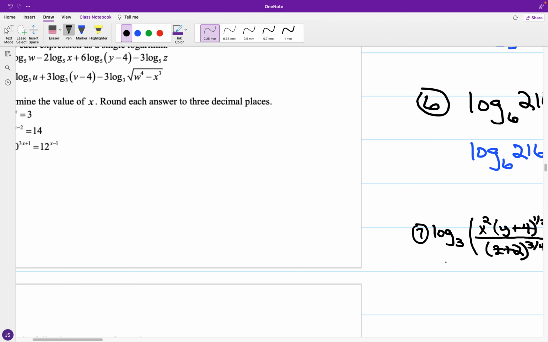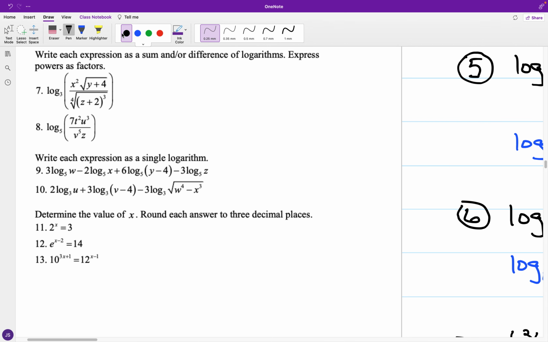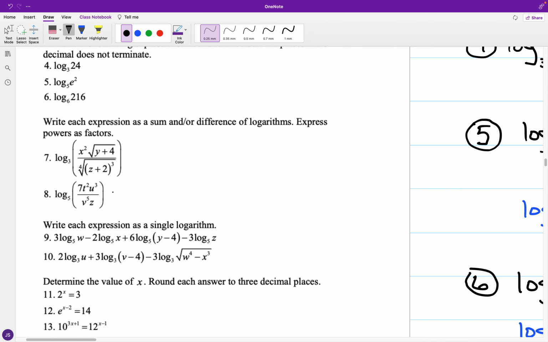And just for the other one we have in terms of expanding, we got in 8, the base 5 logarithm of 7t squared u to the third over v to the 5th times z. And I'll just go ahead and write this one out.